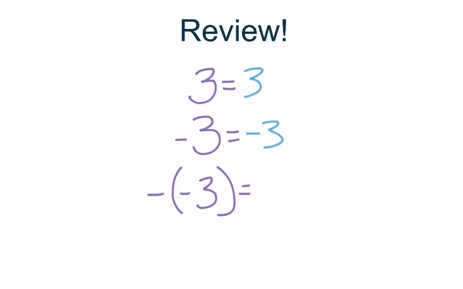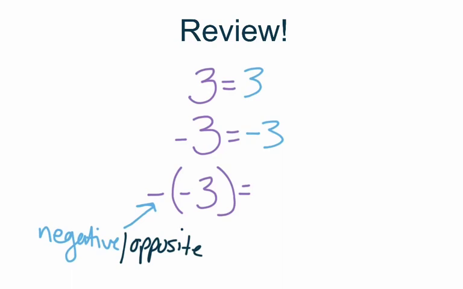So actually what this means, and this is why I did that vocab review, is instead of negative, what's the other way we can say that? We can say opposite, because those mean the same thing. Anytime you have that negative sign, you can really throw in the opposite term instead. So instead of -(-3), I'm going to read this as the opposite of -3. You tell me, what is the opposite of -3?